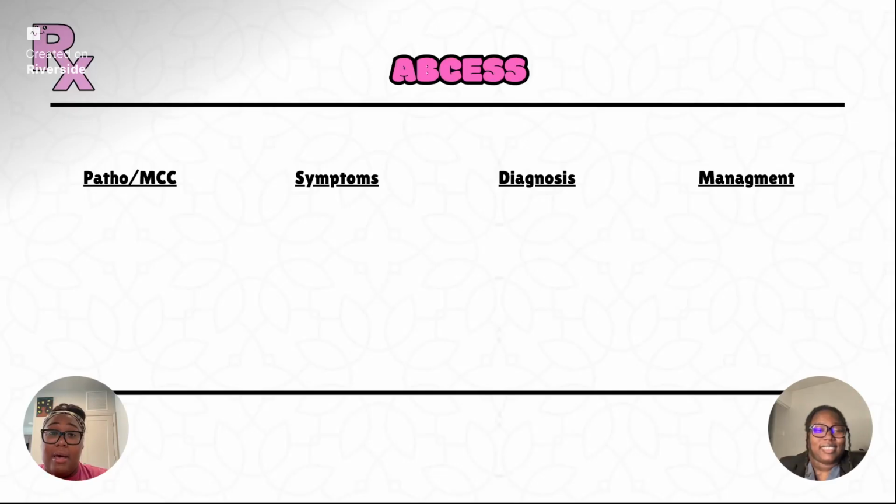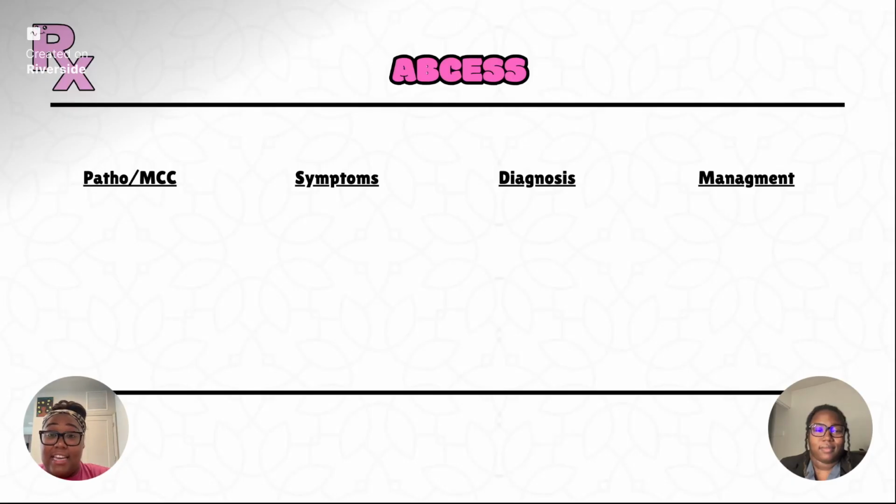And this is clinically diagnosed, so you don't need to do any testing to diagnose the abscess. If you see a fluctuant mass on a breast, you pretty much know it's an abscess.